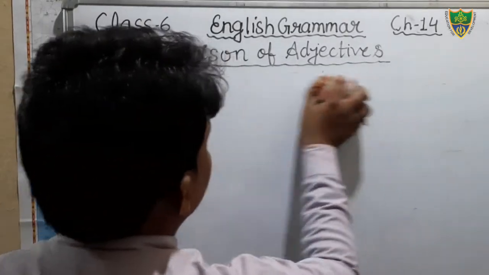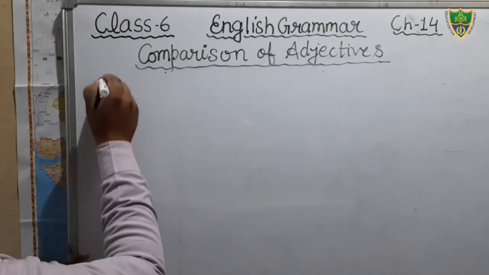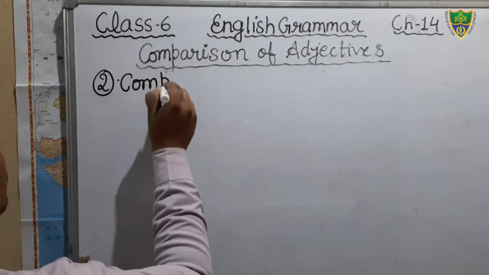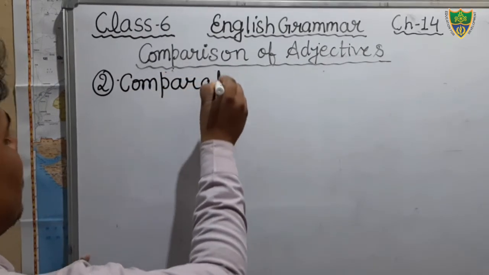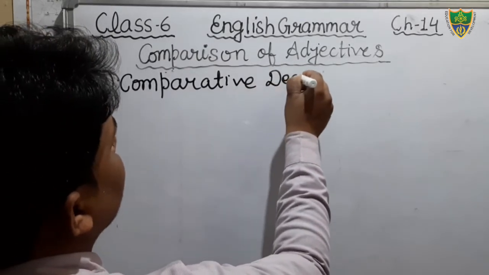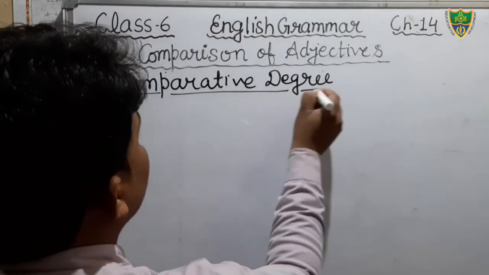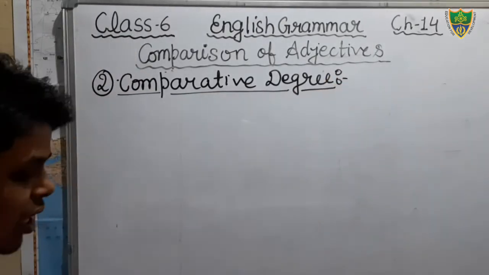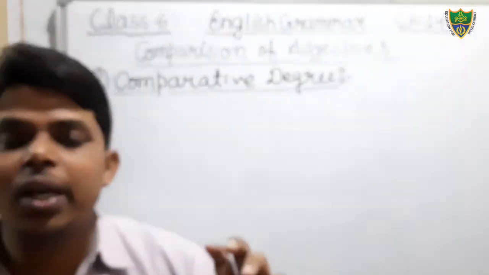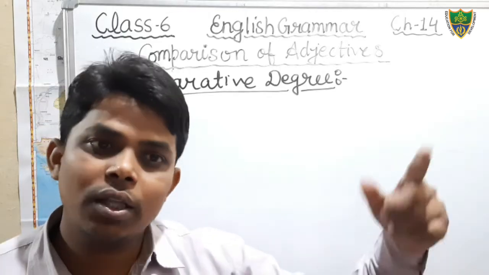Okay students, just put the next heading, that is second, comparative degree. Okay, dear students, as I have already told you, in the comparative degree we compare one person, one thing with another person.